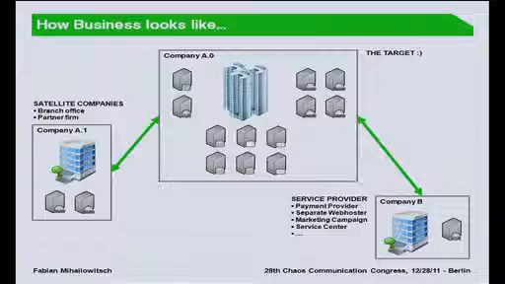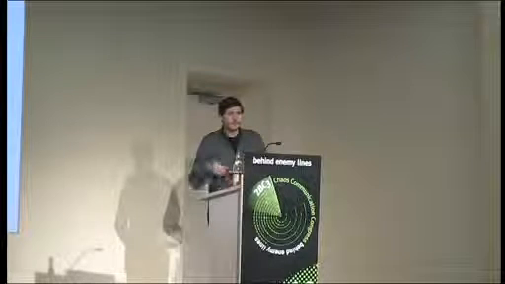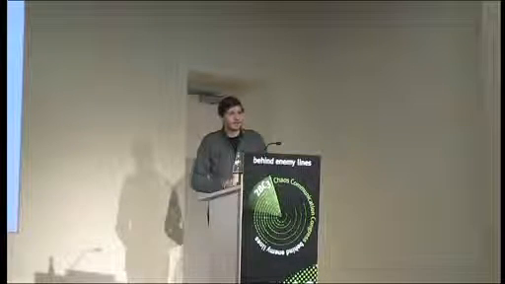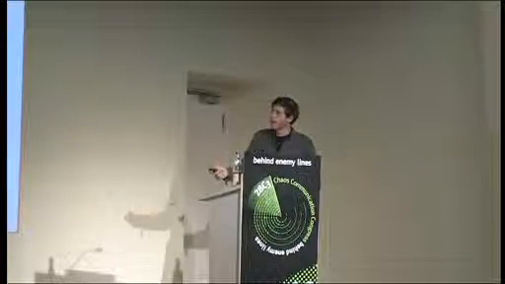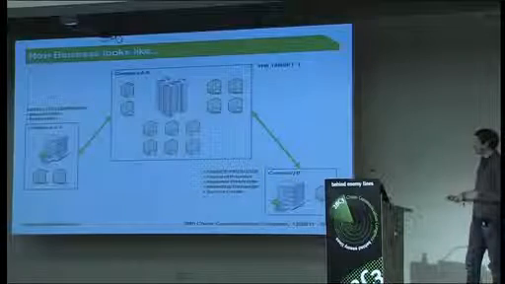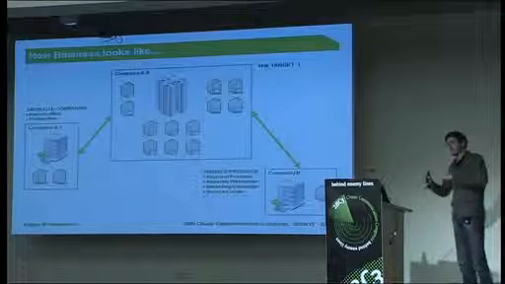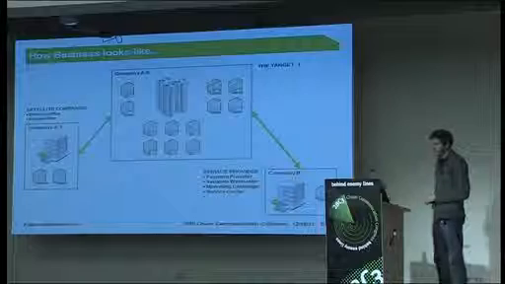And you might have service providers, sure, like payment providers which take your payments. You might have separate web hosters because you don't host everything yourself. There might be service centers that manage your warehouse and stuff. So that's how reality looks. You have one target, but you have many satellite firms and connected service providers, so you have a whole mashup.